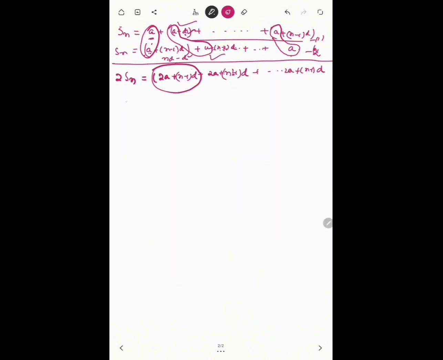Okay. So what will be Sn? How many factors of 2A plus n minus 1 D? n factors. 2Sn is n times 2A plus n minus 1 D. But we are interested in Sn, sum of n terms.